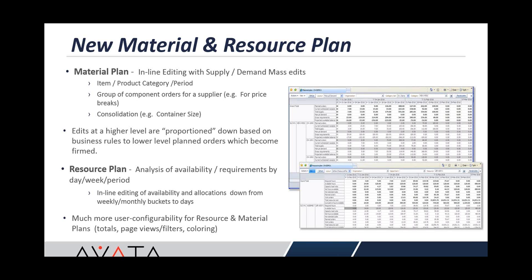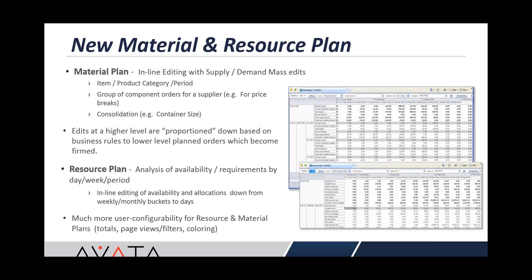So if you had, for example, a category with 5 items in it, each one having a planned order for 100, and your total rolled up to 500, you can now change that 500 to 1,000, and every single planned order will end up being 200 and firmed, so that you've made a manual decision to override the supply plan in that case, and your subsequent ASCP plan runs would honor that change that you had made at an aggregated level.